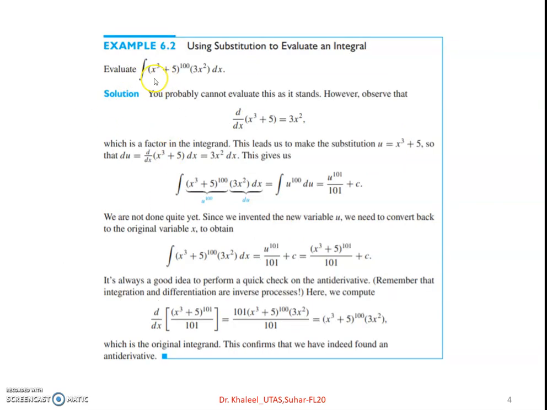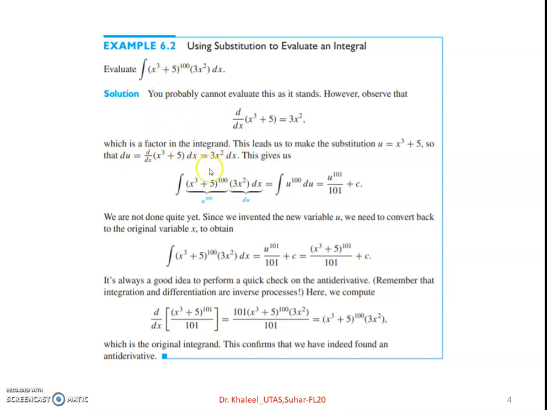Here, this is not integrable, so this is h of x as in the earlier example. But if I take u as x cube plus 5 and differentiate, du is equal to 3x square dx. That's what I have here, since 3x square is the derivative of x cube plus 5. So I assume u as this, and then du is 3x square dx.